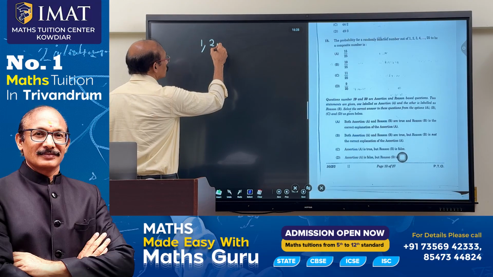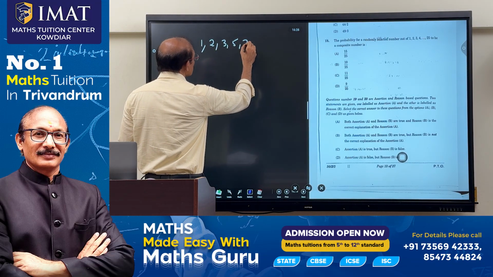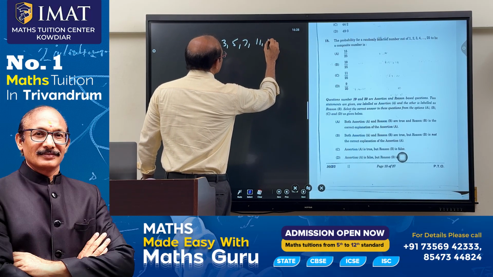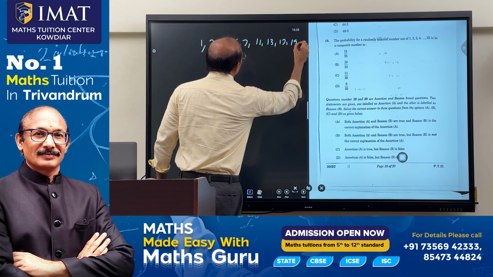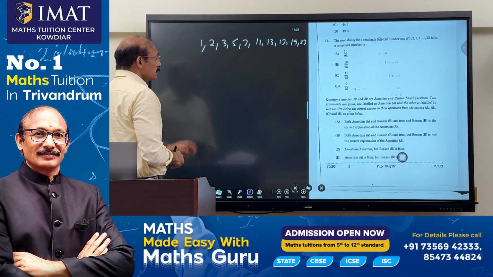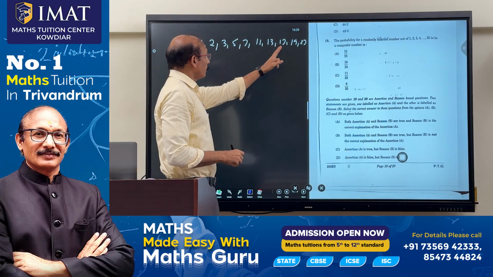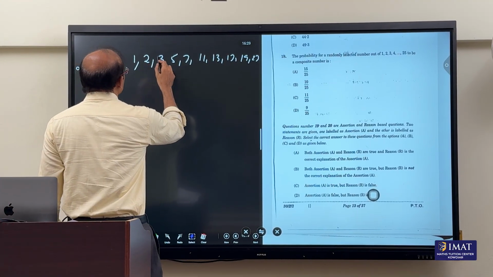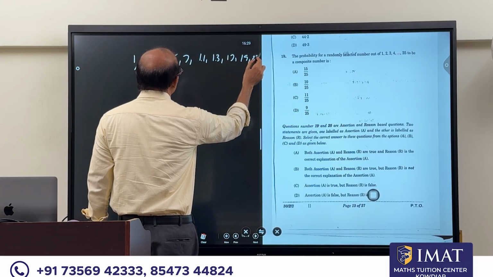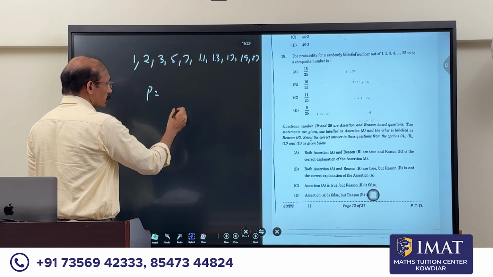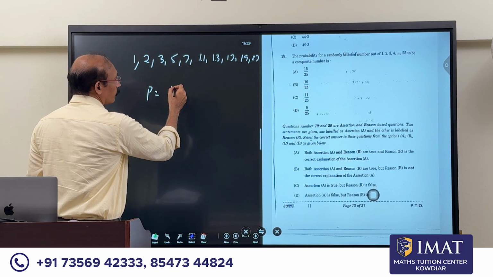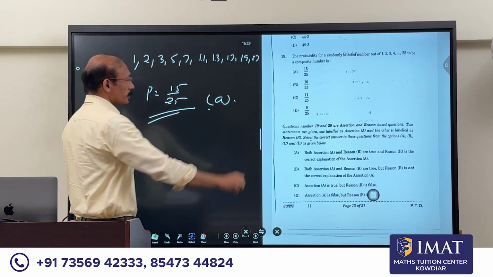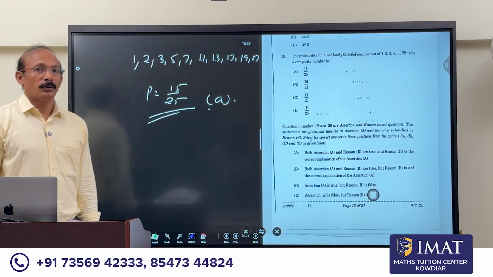So, 1, 2, 3, 5, 7, 11, 13, 17, 19, 23. These are the numbers which are prime and this is neutral. So, you are not supposed to take these. So, 1, 2, 3, 4, 5, 6, 7, 8, 9, 10. So, probability of a composite number will be 15 by 25. Option is A. Okay, thank you.